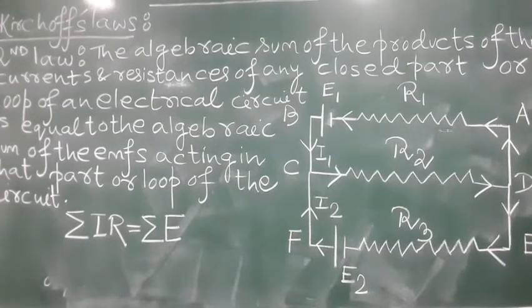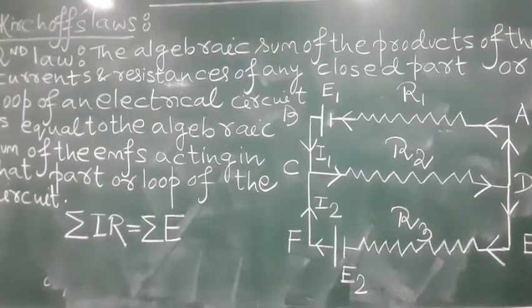And so Kirchoff's second law states that the algebraic sum of the products of the currents and resistances of any closed part or loop of an electrical circuit is equal to the algebraic sum of the EMFs acting in that part or loop of the circuit, that is, summation I R is equal to summation E. Well, I stands for current, R stands for resistance, E stands for EMF. And you have to draw this figure.